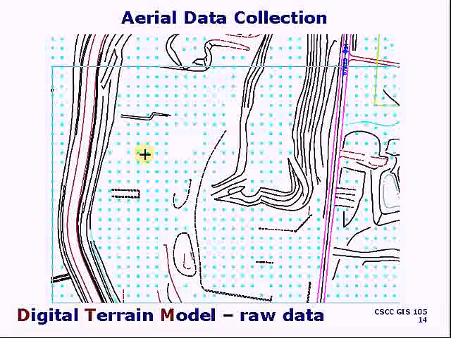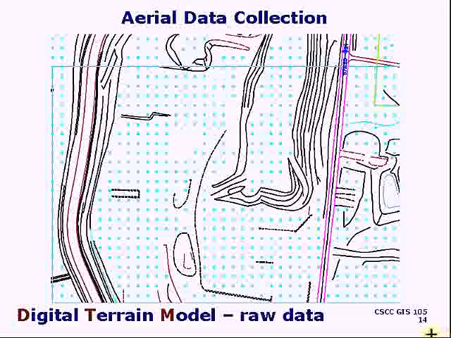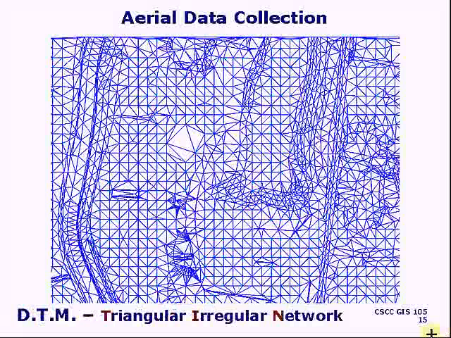Once we have that digital terrain model, that point by point collection, what we are going to do is use software, typically engineering software, that is going to create three-dimensional, three-point planes in a triangular, for obvious reasons, irregular, again, fairly obvious.